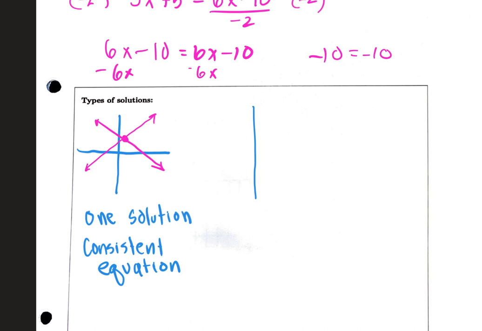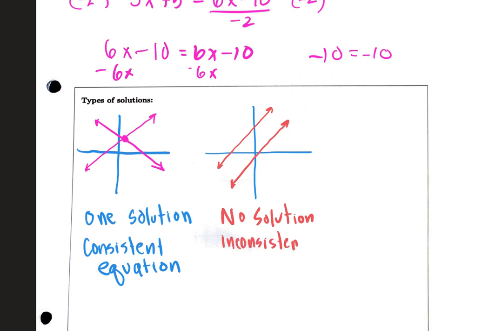Okay. We can also get a system of equations that has no solution. Okay, and when we get no solution, we call that inconsistent. It's an inconsistent equation.